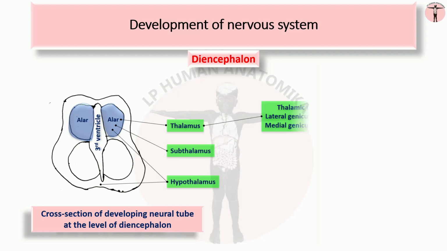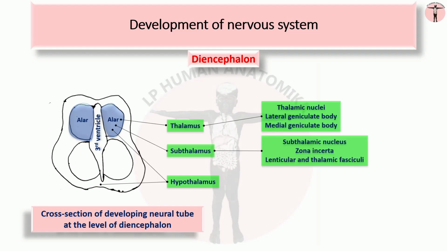Thalamus includes the thalamic nuclei, lateral geniculate body, and medial geniculate body. The subthalamus includes the subthalamic nucleus, zona incerta, and lenticular and thalamic fasciculi, also called fields of Forel.